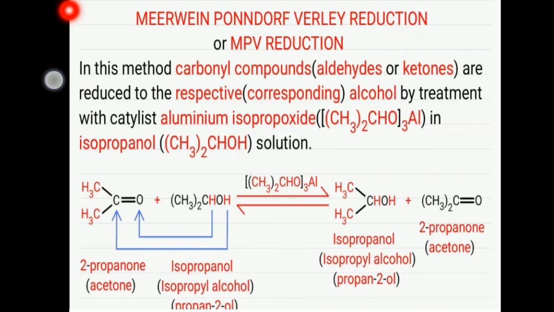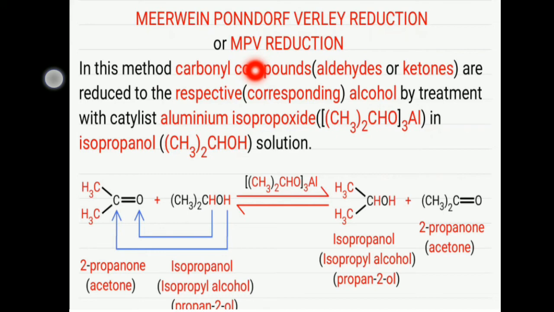Then what happened here? We are going to get isopropanol, or isopropyl alcohol. Acetone is now converting into the alcohol. By losing those two hydrogens, the isopropyl alcohol taken is converting into acetone, 2-propanone.